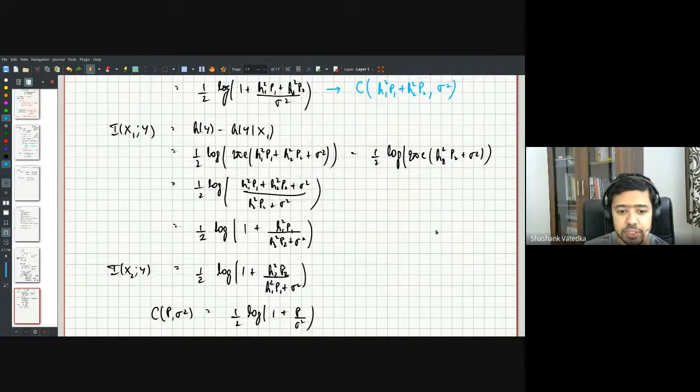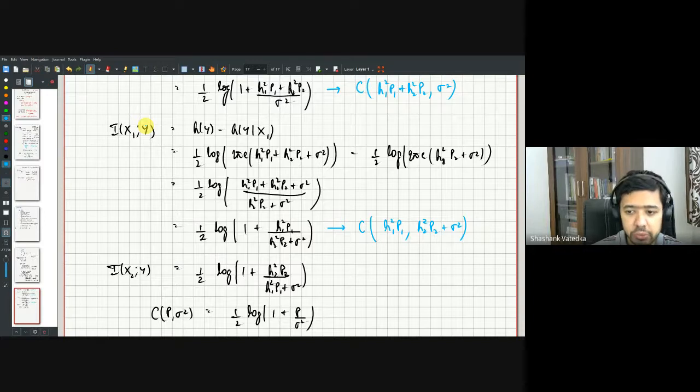But perhaps these two terms are a little more interesting. So this is the capacity of the AWGN channel with input power constraint h1 square p1. But the noise variance now is not just sigma square, it is h2 square p2 plus sigma square. So effectively this is the capacity of the AWGN channel when you want to decode x1, but you're treating x2 as noise.